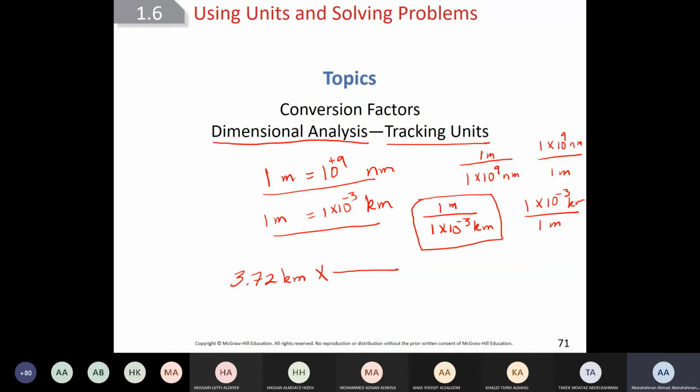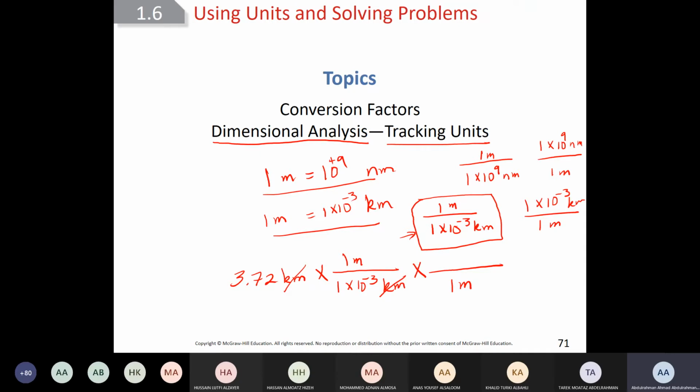This means I will use 1 meter divided by 1 times 10 to the power minus 3 kilometer. This way, I will get rid of kilometer with kilometer. And then I want to get rid of meter, and I will want the answer in nanometer.